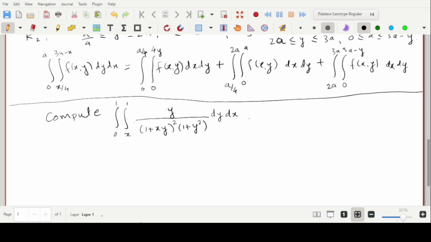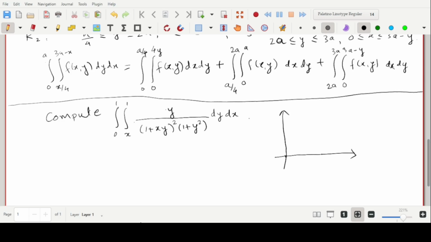But in order to do that, first we shall have to decide the appropriate limits of integration. So first let's draw the region that will help us to determine the limits of integration. Observe that y is varying from 0 to 1, so something like this, from 0. x is varying from 0 to 1, so from here to here, and y varies from x to 1.